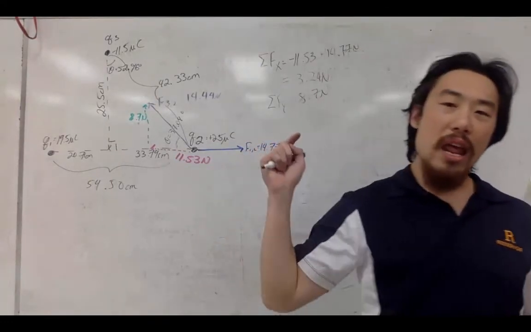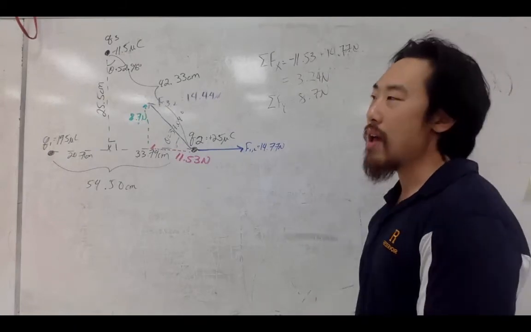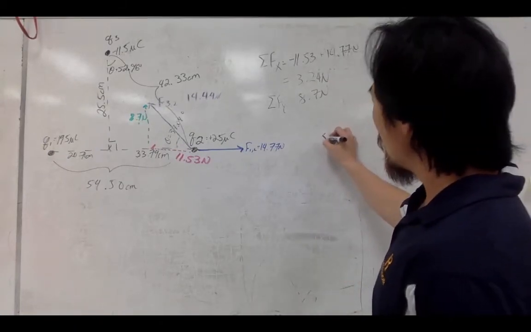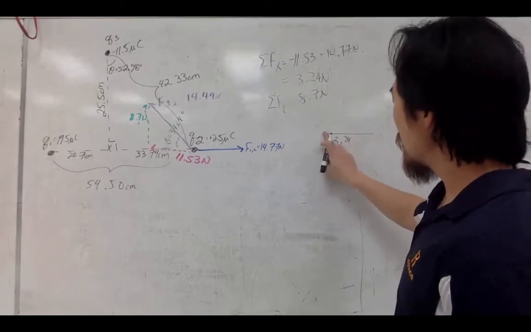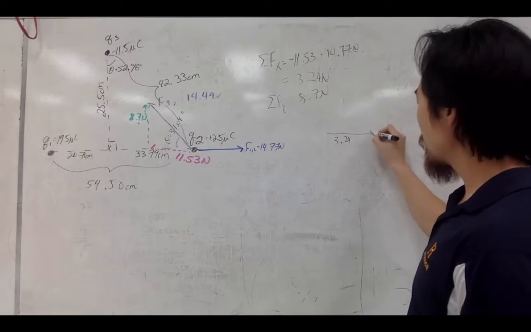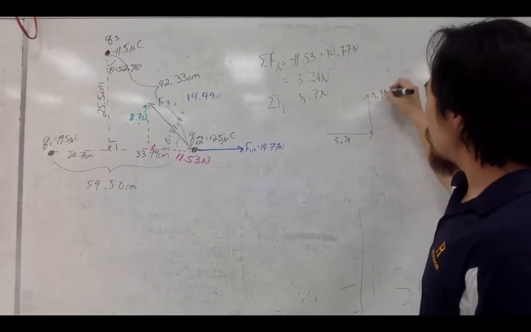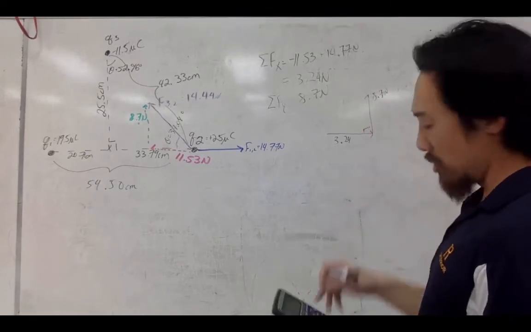Cool. So we have our net x and our net y, which means we have two sides of a net force triangle. Our net force will be 3.24 newtons to the right and 8.7 newtons in the y positive. We have two sides of a right triangle.